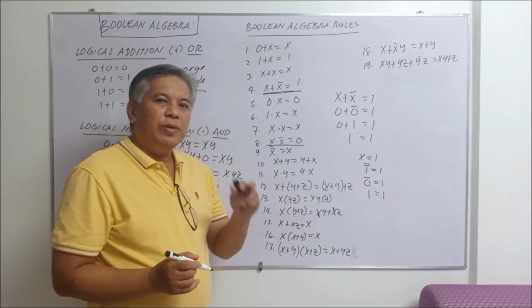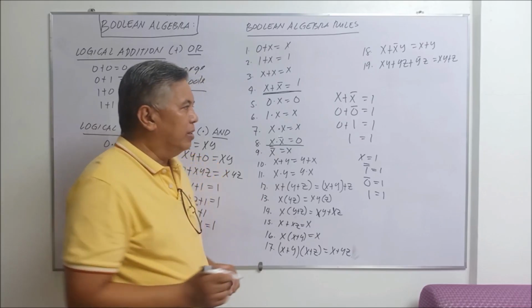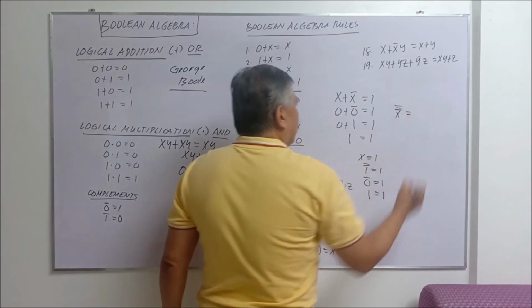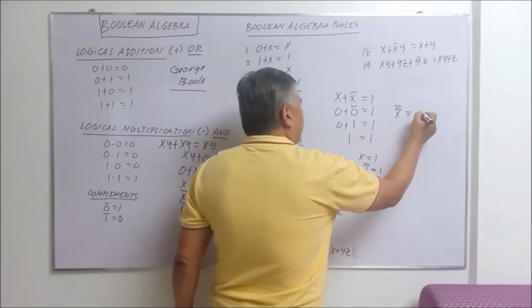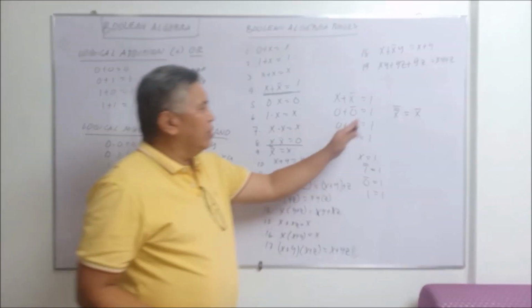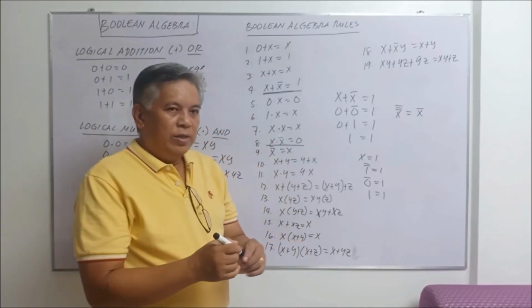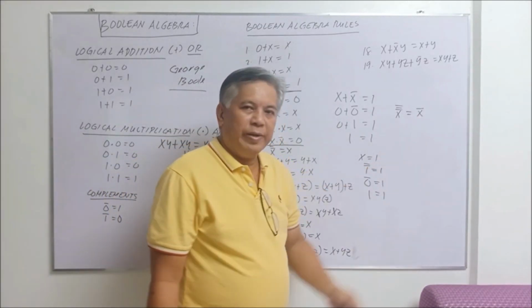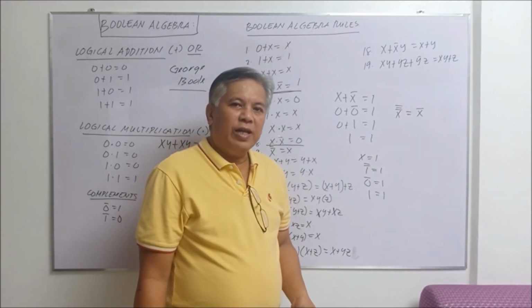How about if you have x triple complement? This one here is equivalent to x complement. So, if the number of complements is odd, then you have x complement as your final answer.